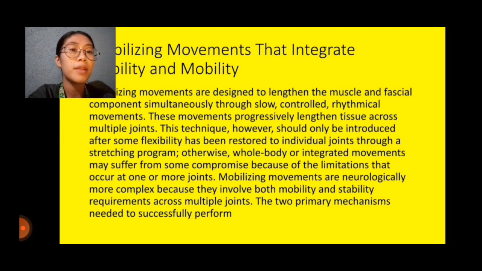Otherwise, whole body or integrative movements may suffer some compromise because of the limitations that occur at one or more joints. Mobilizing movements are neurologically more complex because they involve both mobility and stability requirements across multiple joints, the two primary mechanisms needed to successfully perform.